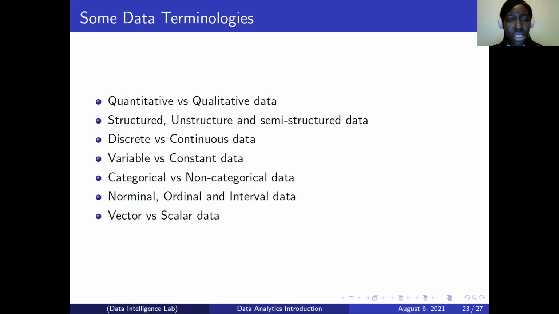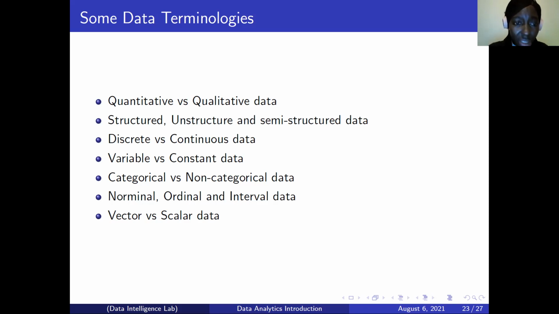And you have discrete and continuous data. As a data expert, you need to have a clear understanding of these various data types, because sometimes you are faced with working with them. Discrete data is data at a discrete value, data that can be gotten at a particular value.